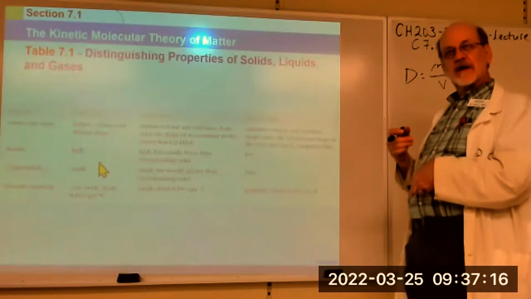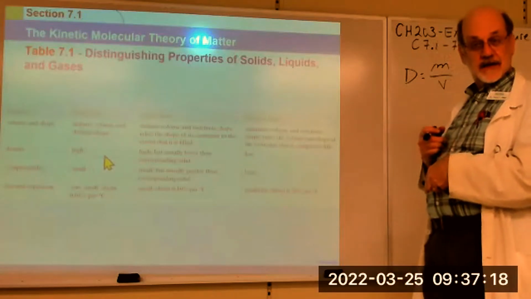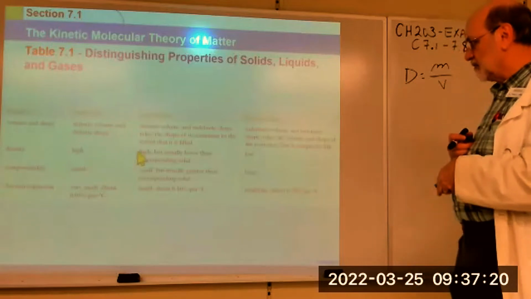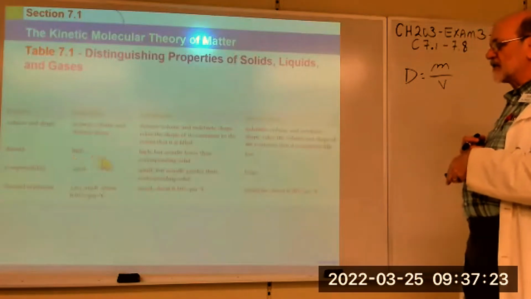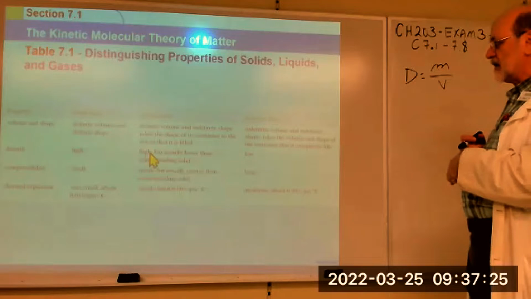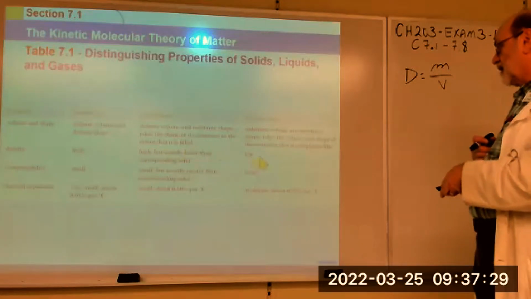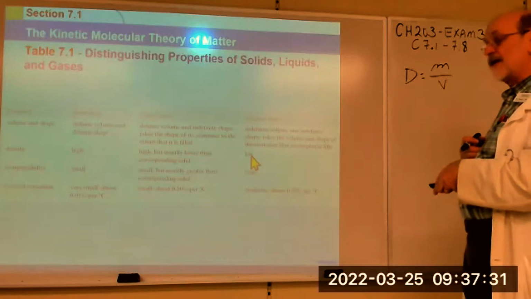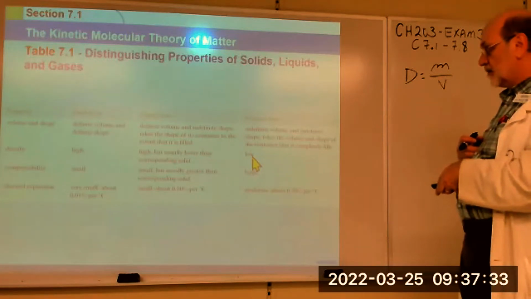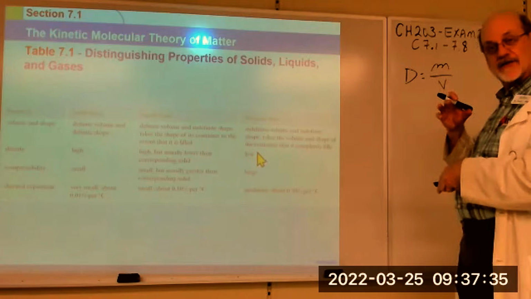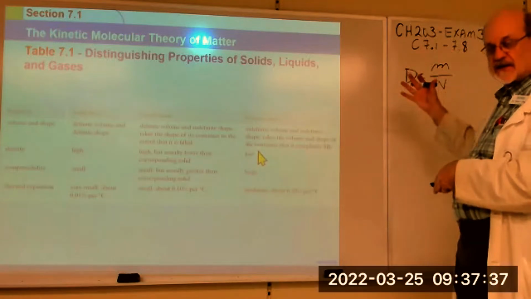In other words, ice is less dense than liquid water. But for most transitions from a solid to a liquid, the density decreases. And then when you get to the gas, you have a very, very low density, because the same amount of mass occupies a huge space.